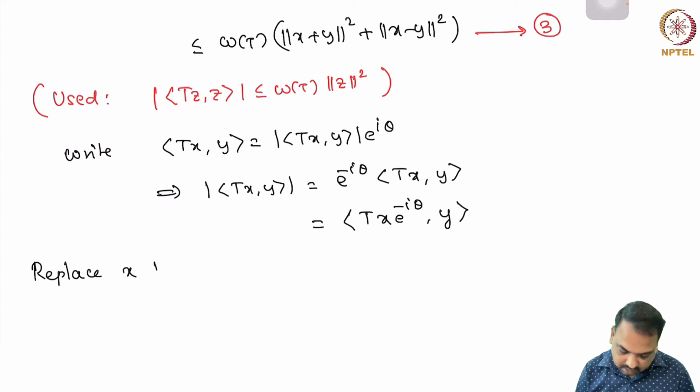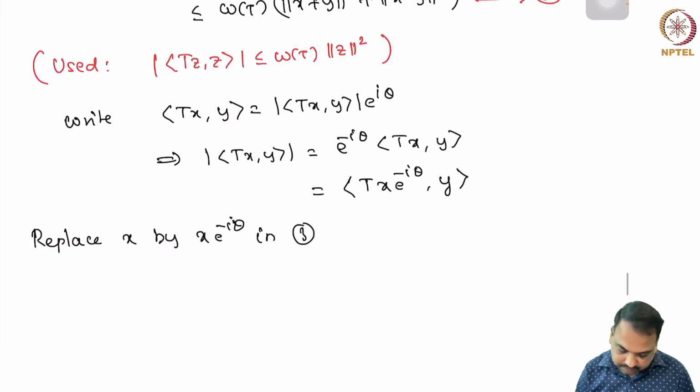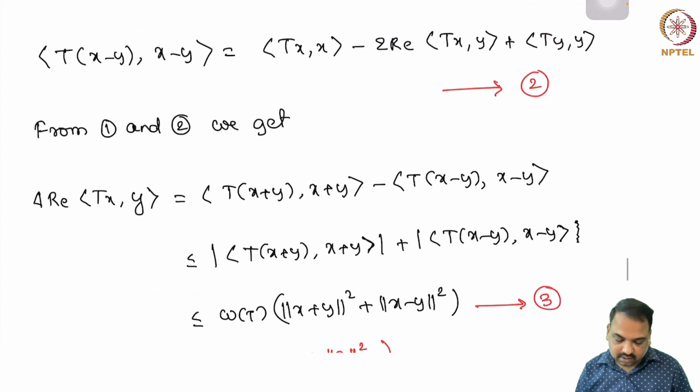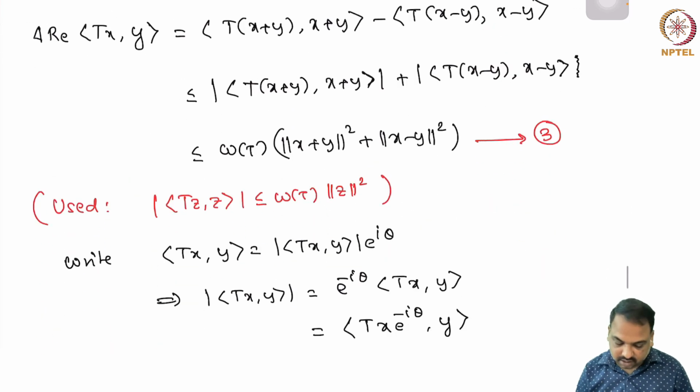So now if you replace x by x e power minus i theta in 3, we get 4 times, instead of real part you will get modulus of inner product Tx with y, since the real part of that is again the same.